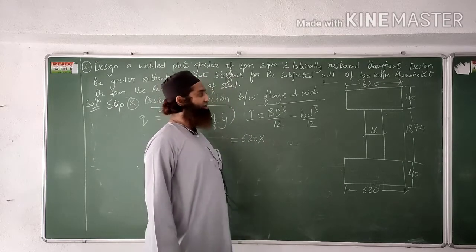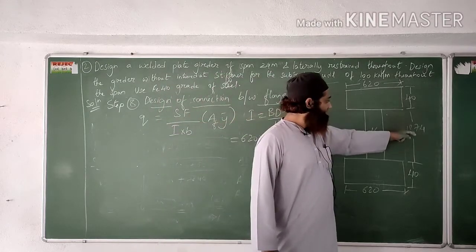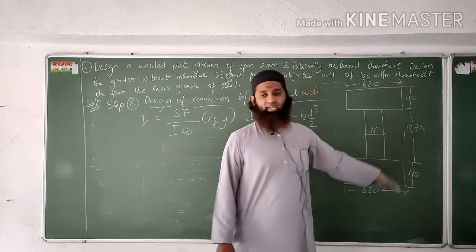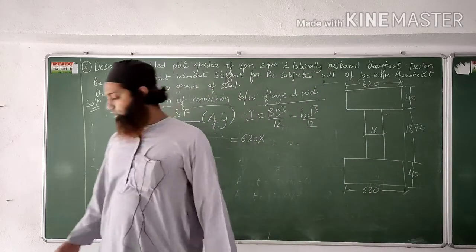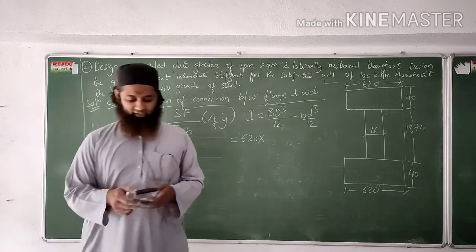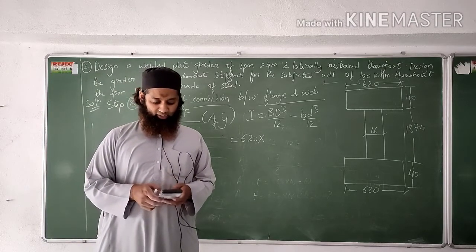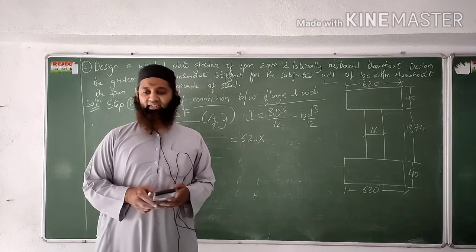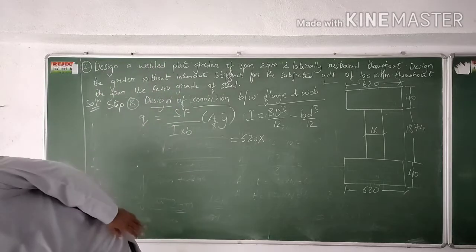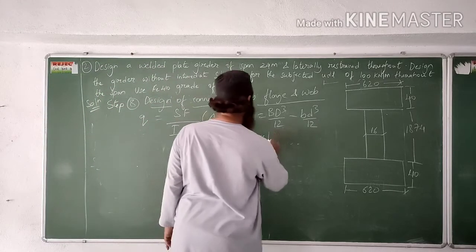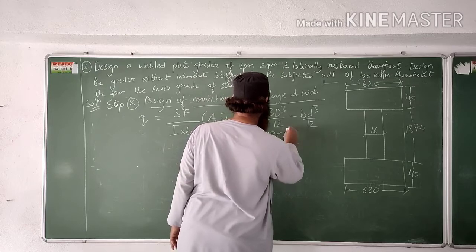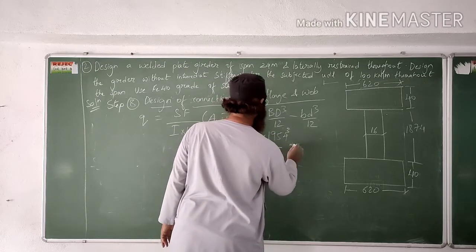Please be clear here. Whole depth is 40 plus 1874 plus 40. Let us see what it is. 1874 plus 80 is 1954, cube, by 12, minus.